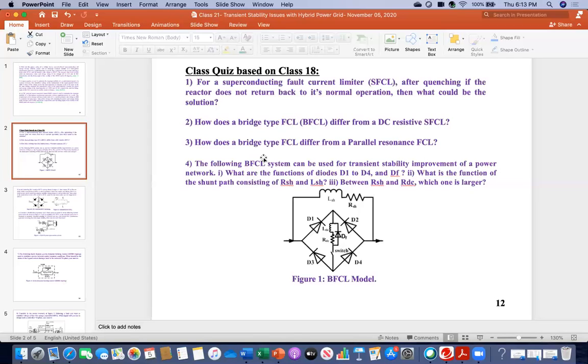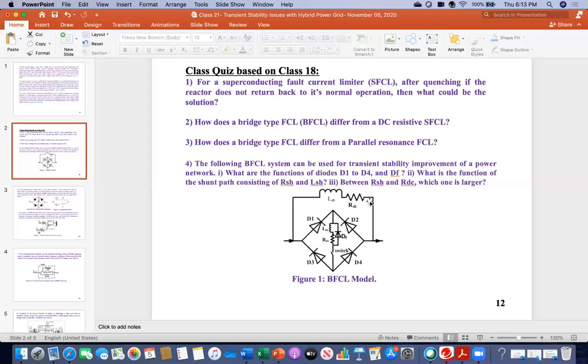Okay, the next one: how does a bridge type FCL differ from a parallel resonance FCL? So again, this is BFCL versus the parallel resonance. What answer did you write? I wrote PRFCL has a parallel LC resonance circuit, but the other has an RL shunt path to limit the fault current. Yes, right. This figure is the structure of the BFCL, what Manoj said is right.